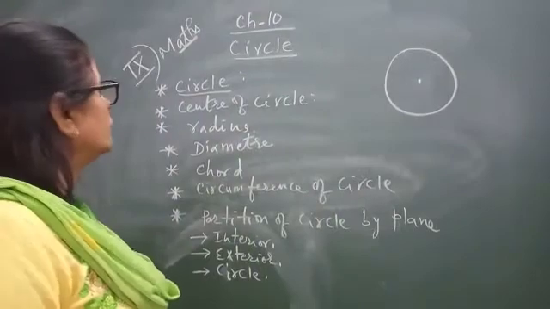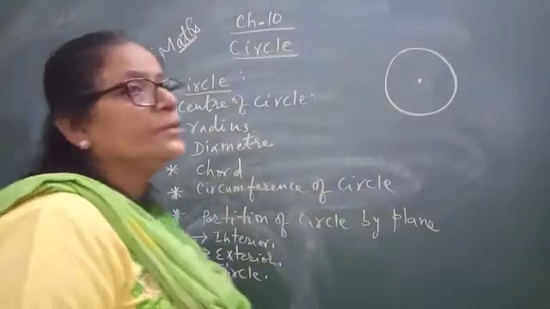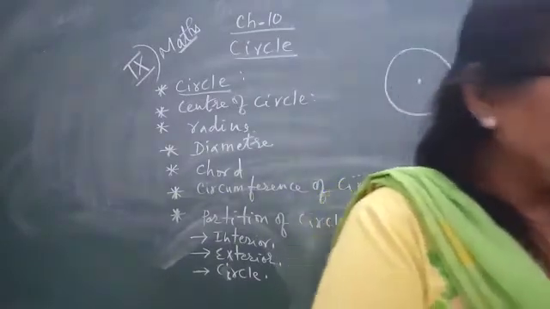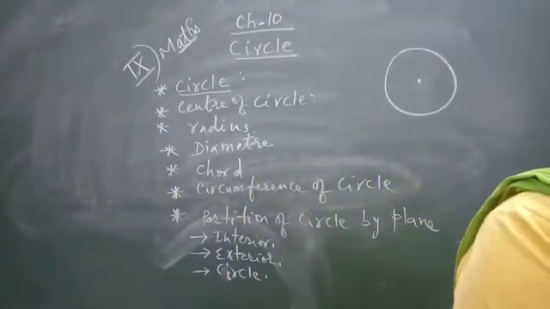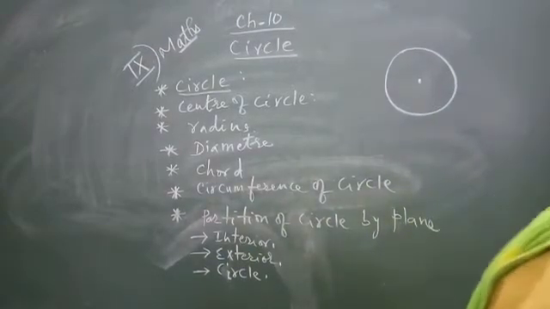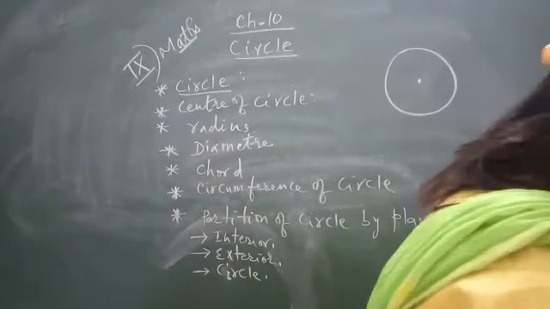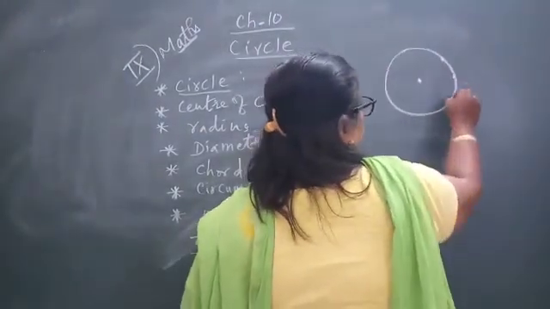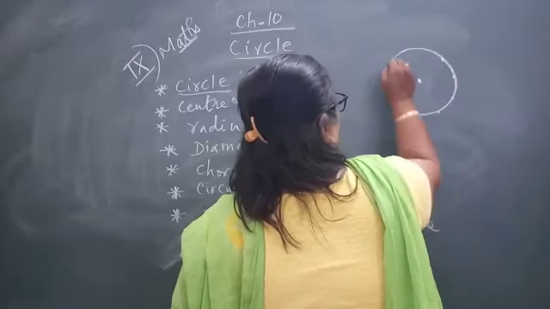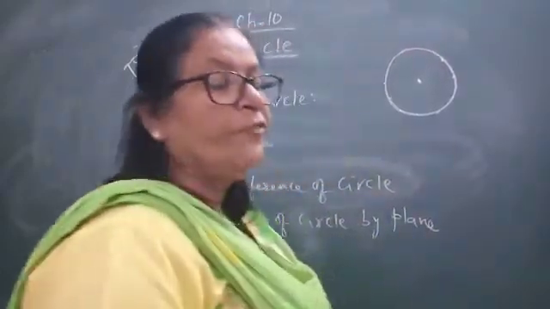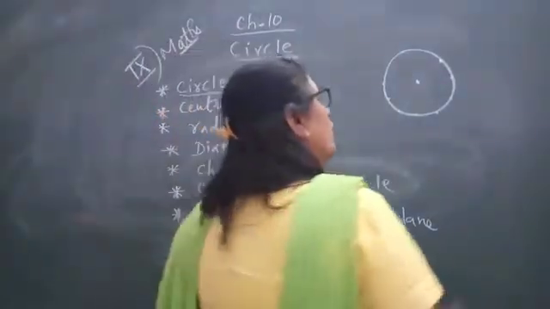First of all, today we see some terms that are related to circle. First we define the circle. What is a circle? A circle is actually the collection of points in a plane from a fixed point. This is the fixed point, and the collection of the points that are at equal distance from the fixed point is called a circle.